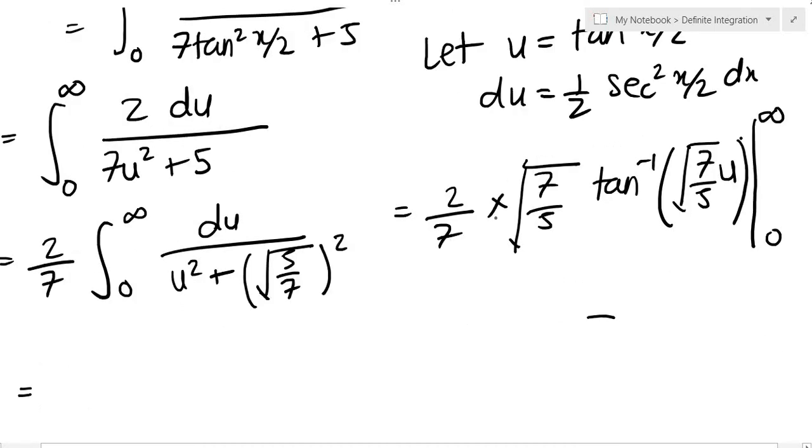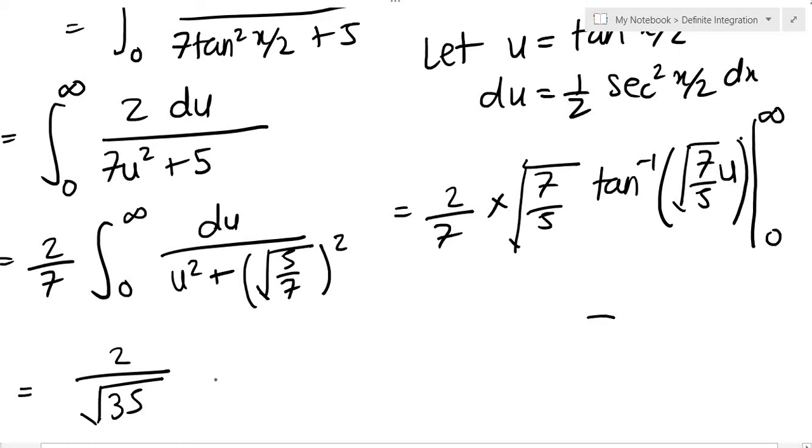Now in this expression we have a square root of 7 in the bottom. Square root of 7 into square root of 5 is square root of 35 precisely, 2 over the square root of 5 times, now time to plug in the infinity.